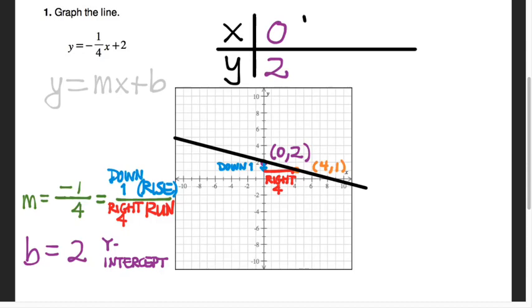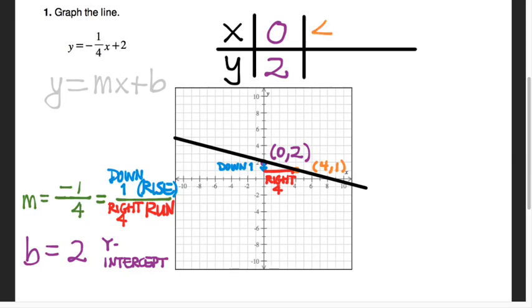And if I want to find a second point, all I have to do is choose a second value for x. I'm probably going to want to choose a value for x which will succeed in clearing this denominator and giving me a whole number. I don't have to do it that way, but that way will give me some nicer arithmetic. And so maybe I want an x which is a multiple of 4, so that when I multiply it by 1/4, I get a whole number.